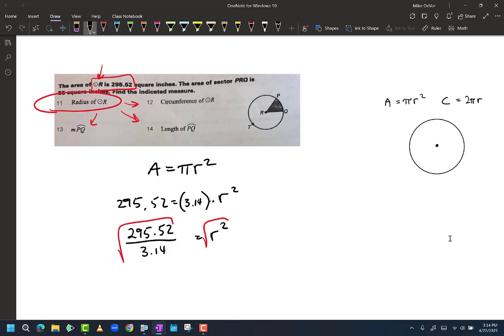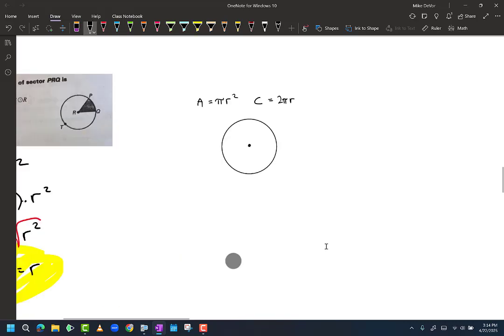And this is something you could just go ahead and plug into your calculator. Square root of 295.52 over 3.14. So I'll let you put your calculator skills to use on that. Okay, that's where you get that. It looks like to be about 10 or so.